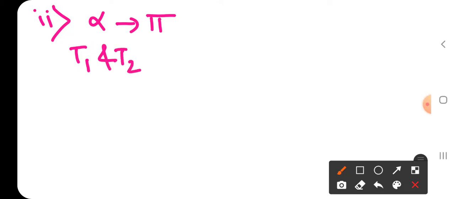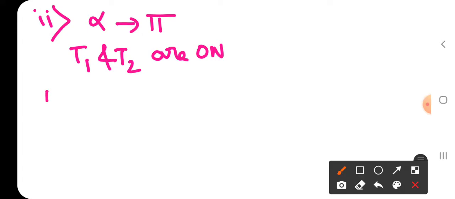Next, from alpha to pi, what happened? T1 and T2 are triggered. Therefore, the current will flow in the circuit.